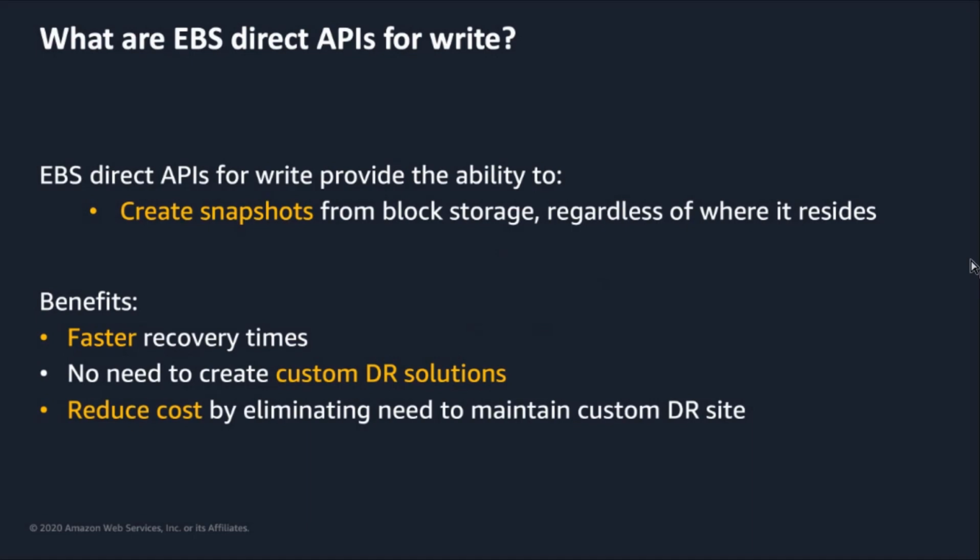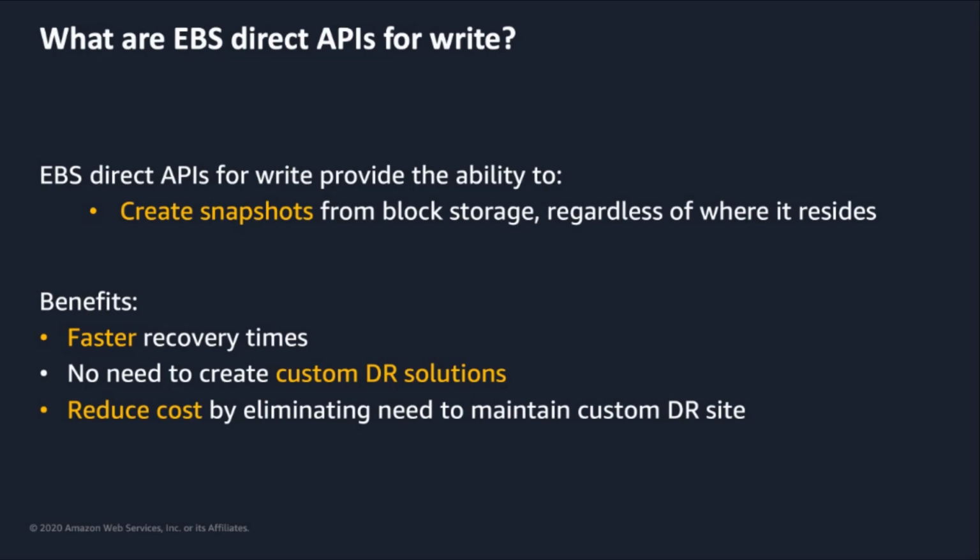EBS Direct API for write allows you to create a snapshot directly from any data, from any place. Your data could be on-premises, or it could be in AWS cloud storage. If you have the data and you have access to the AWS EBS endpoint, you can create a snapshot from it.